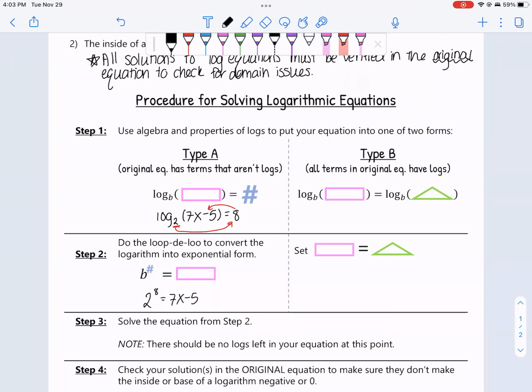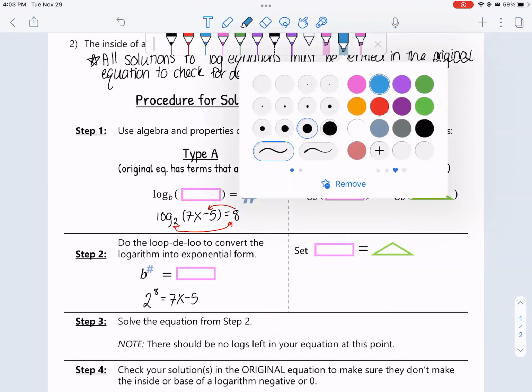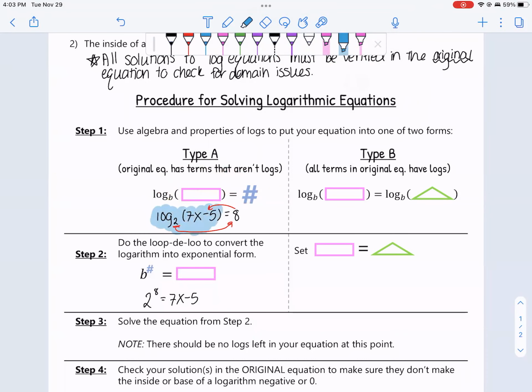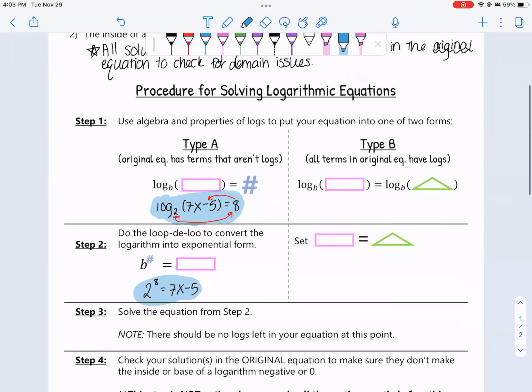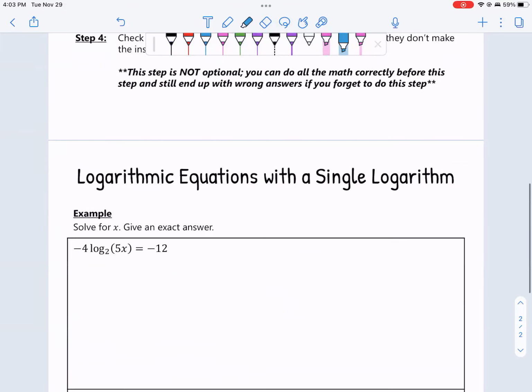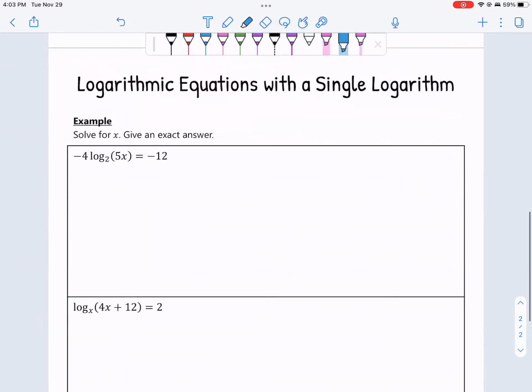And then we would solve that equation. Real easy to do, super simple algebra. I'm going to go ahead and just highlight this so that we know this is just like an example here. Boom. All right. With our single logarithms, that's what we're looking to do. We're just looking to loop-de-loo. So let's try a few of these.